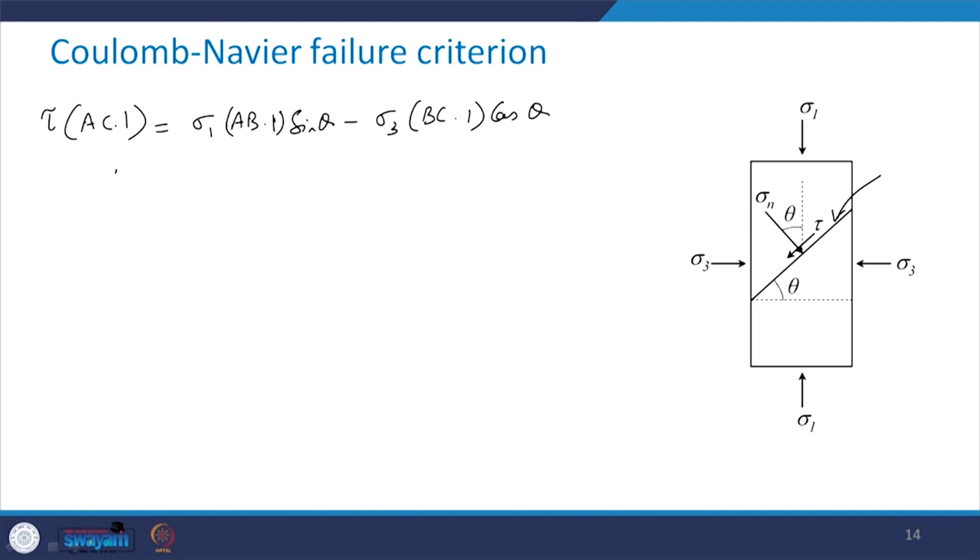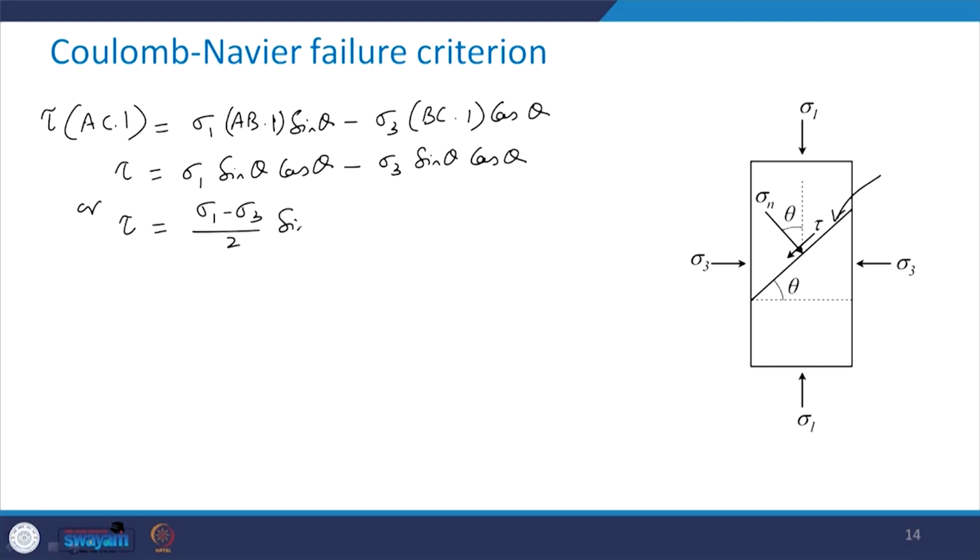So from here I will get tau equal to sigma 1 sine theta cos theta minus sigma 3 sine theta cos theta, or tau can be written as sigma 1 minus sigma 3 upon 2 sine of 2 theta.